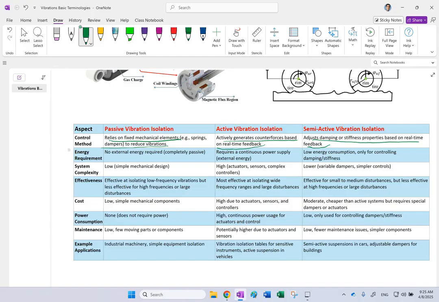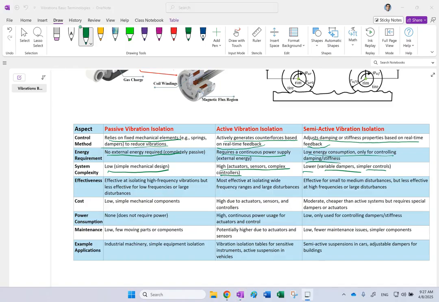The passive system does not require any energy and the system is not complex, while active does require a power supply and it is quite a bit complex because of all sensors, actuators, and controllers. Semi-active is lower than active and higher than passive, so it needs variable dampers and simple controls. And of course it does not need as much energy because all you need is to change the magnetic field here.